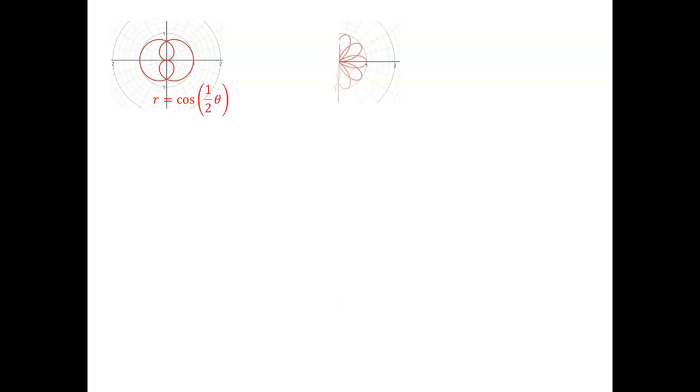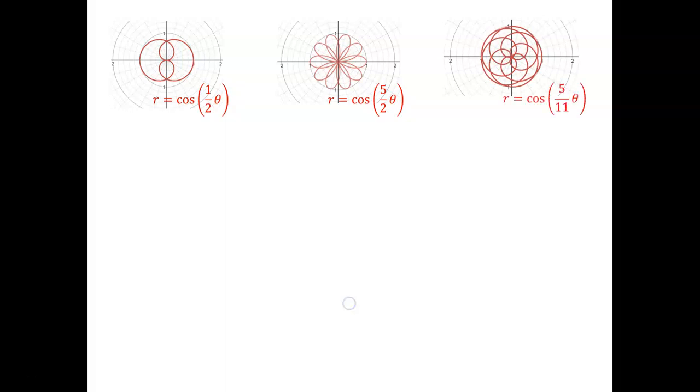And these are also called roses, and this is what happens when we use a non-integer value to multiply the theta. And so you can investigate the relationship between, so if we have a over b, what happens when a is less than b, what happens when a is greater than b, what happens when they're odd or even, and so on.